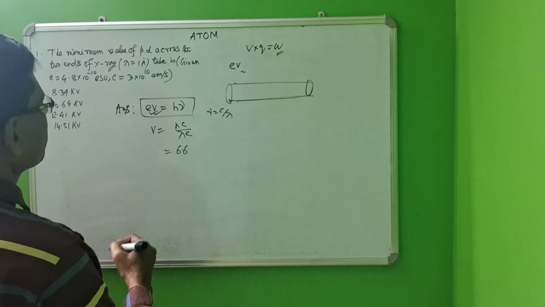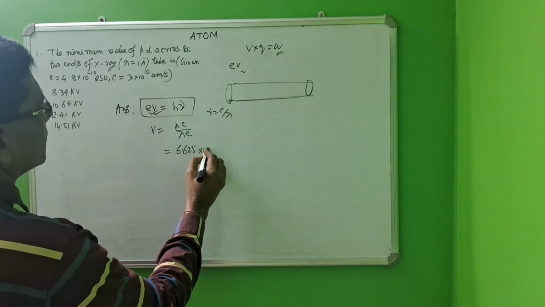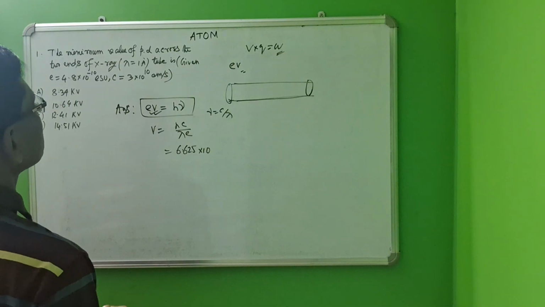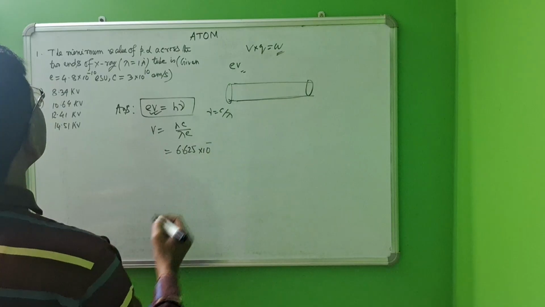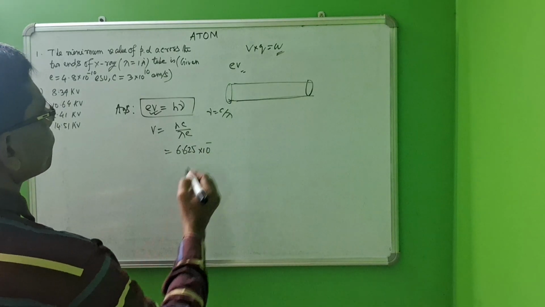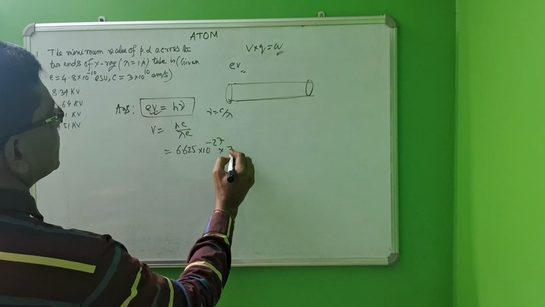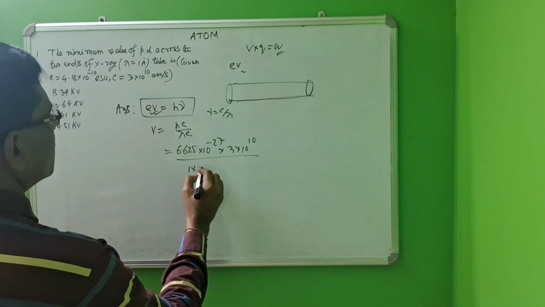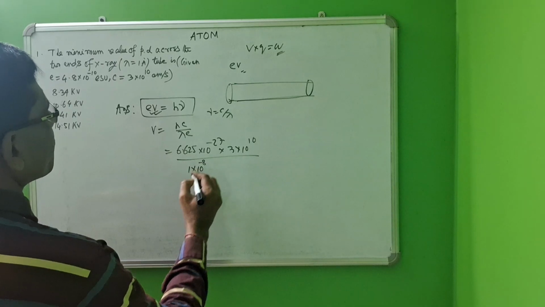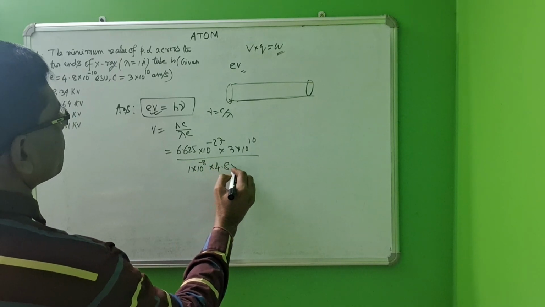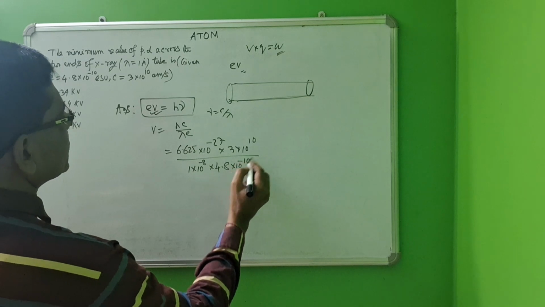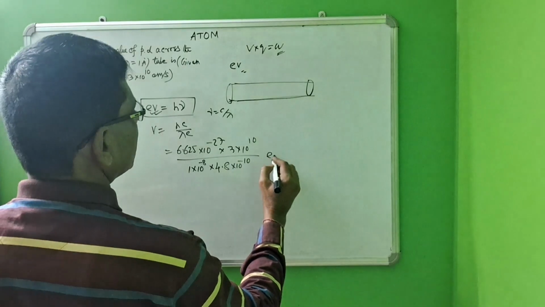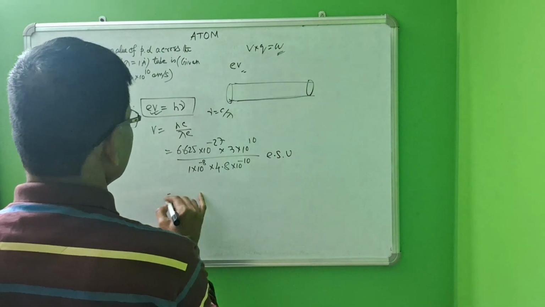So 6.6 × 10 to the power minus 27 into 3 × 10 to the power 10, divided by this, in CGS system we get the volt in ESU unit.